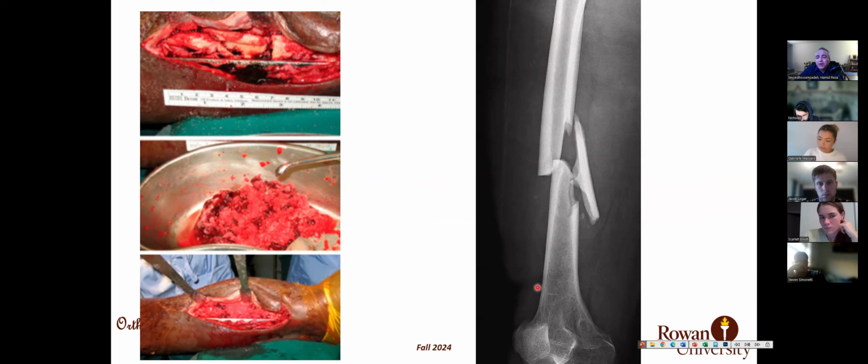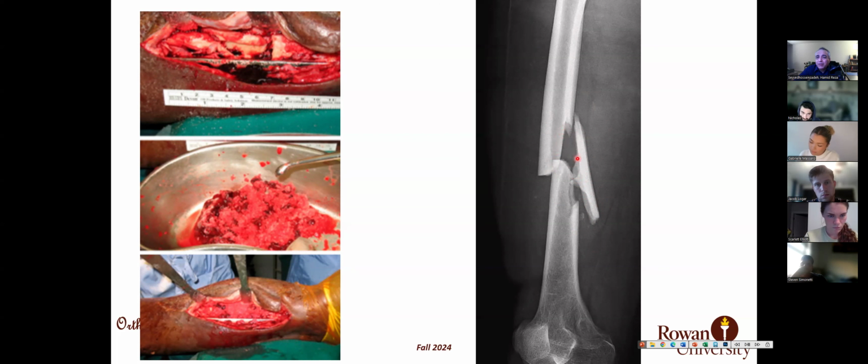Instead, we use a bridge plate or bridge nail to bypass the fracture site because we don't want to detach this segment from its vascular supply. When the vascular supply to this segment is intact, it is alive. So for healing, it needs to heal through these fracture sites.